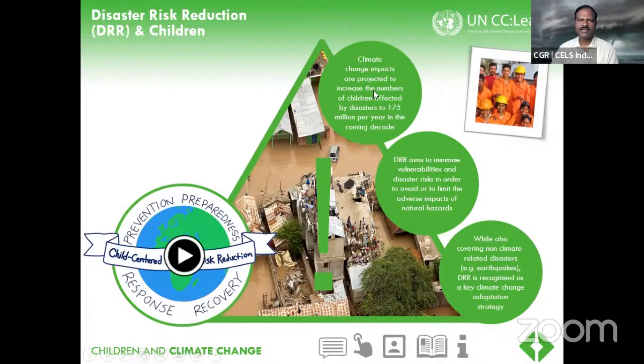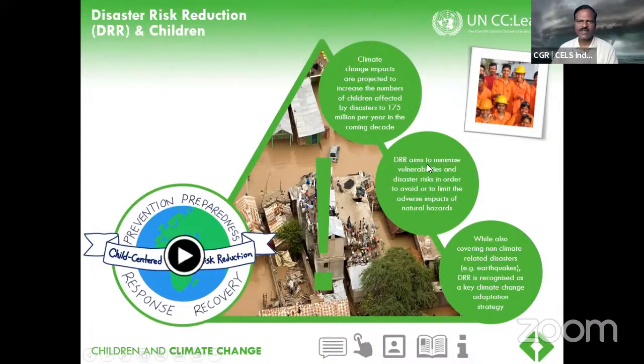Climate change impacts are projected to increase the number of children affected by disasters to 175 million per year in the coming decades. It's very huge, 175 million. DRR aims to minimize vulnerabilities and disaster risk in order to avoid or to limit the adverse impacts of natural hazards.